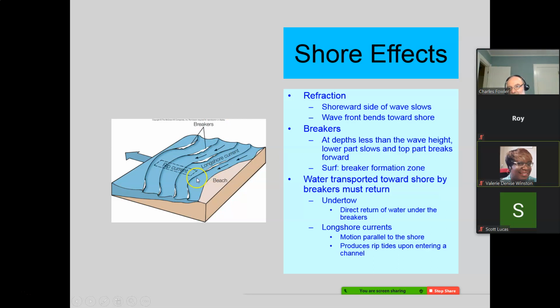I found this a little backwards. They show a mound here, but then they indicate there's a channel here. Usually the channels would come in a place like this or like this, not where there's a mound. But if that longshore current happened to hit upon the entrance of a channel, then that could create the rip current carrying you this way.